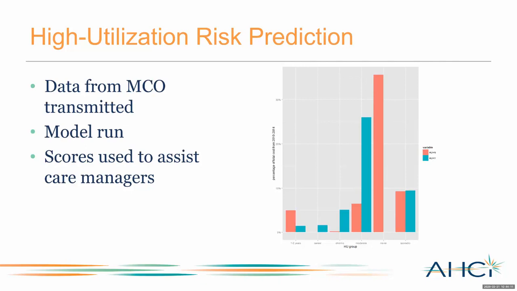And so the first step that we used was to try to really understand the dynamics of high utilization. And what we came up with was that it's not the same people every year. There are a small group that tend to be what we call career high utilizers, but it's a small group. And then a very large group are the people that will never be.